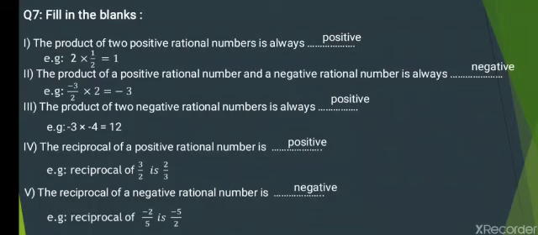So if the number is negative, its reciprocal will also be negative, and when it is positive, its reciprocal will always be positive. Here in the example you can see we have minus 2 by 5 and its reciprocal is minus 5 by 2. The sign is still there, we have just changed the positions of numerator and denominator. So this is question 7.